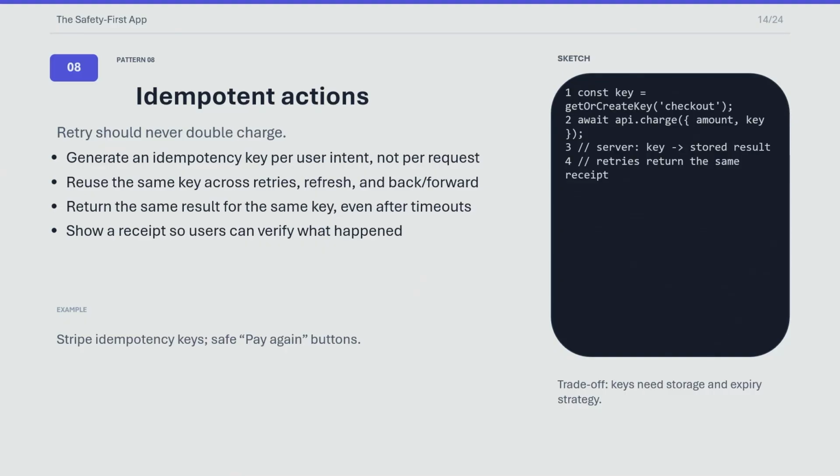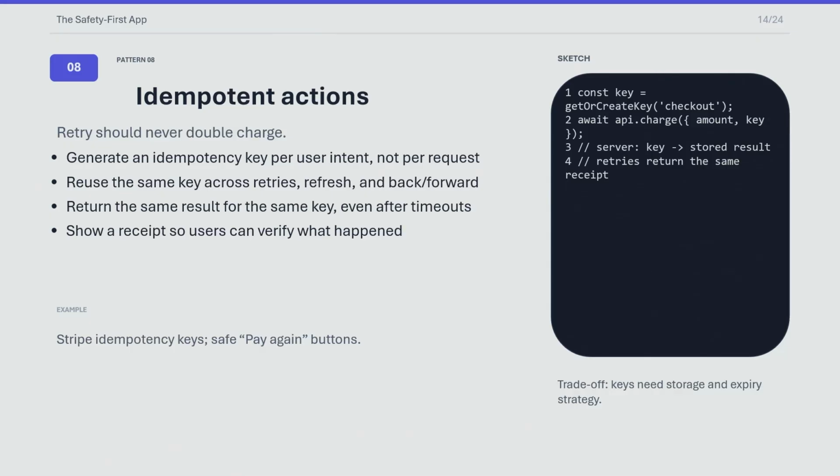One very common thing is that I'm pretty sure some of us here are a bit scared when you tap the pay button on a page twice if it fails the first time, because you're afraid of being charged twice. That's why some interfaces say, please do not retry and tap the pay button again, because you might be charged twice. We should instead be looking to prevent this in the first place.